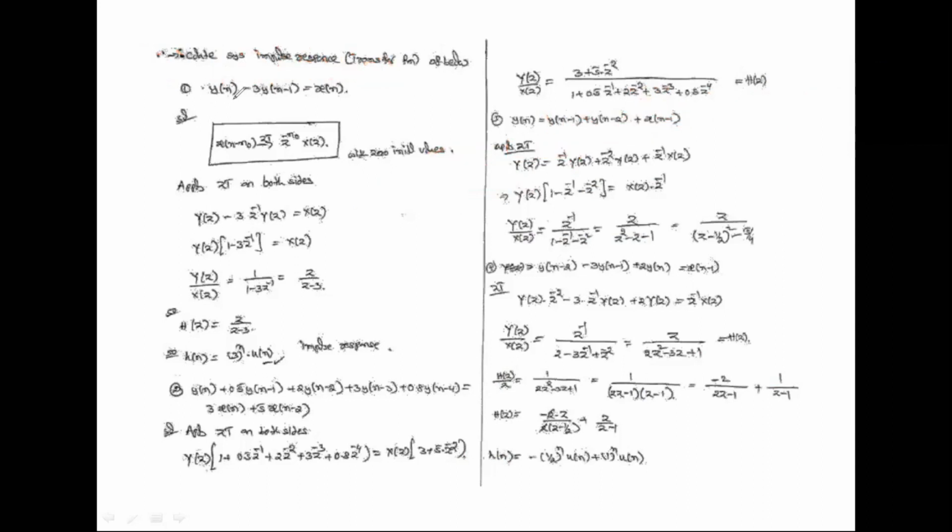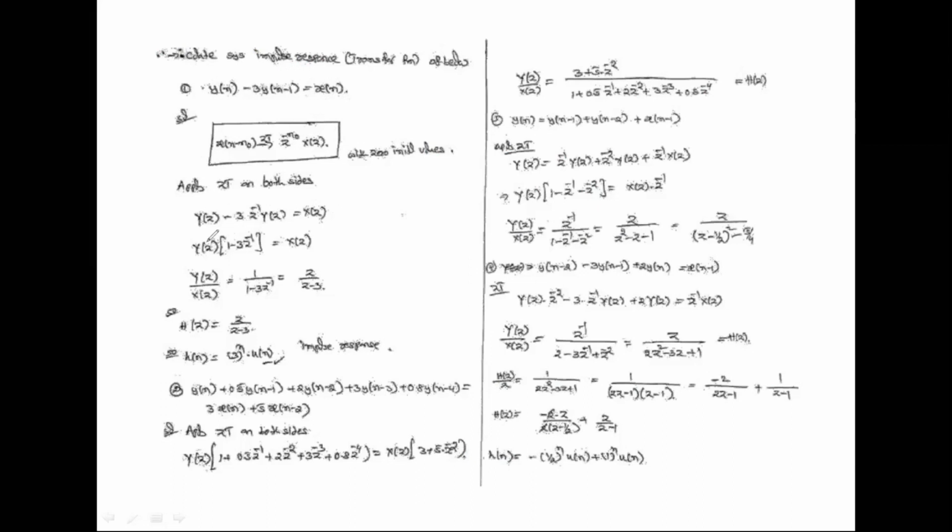So given function, y of n minus 3 y of n minus 1 is equal to x of n. It's a linear time invariant system of the difference equation. Apply the Z transformation on both sides for the given function. Y of n is nothing but y of z here, minus 3 y of n minus 1, z power minus 1 y of z, that is equal to x of n, the transformation is x of z.